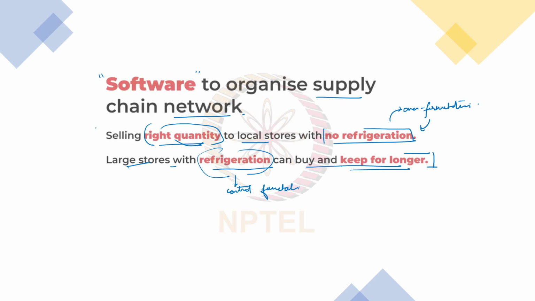Supply chain का क्या मतलब होता है कि you deliver things in that quantity so that your supply chain network remains. There is a demand, there is supply. Demand अगर पुख्ता तौर से daily हो रही है तो you give the right quantity. That's how you maintain the supply chain network.